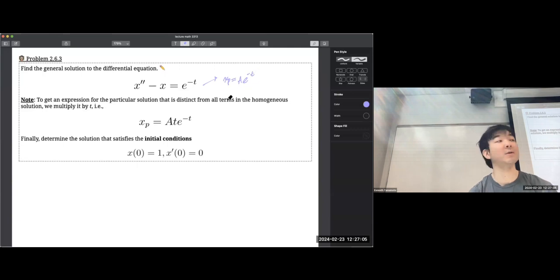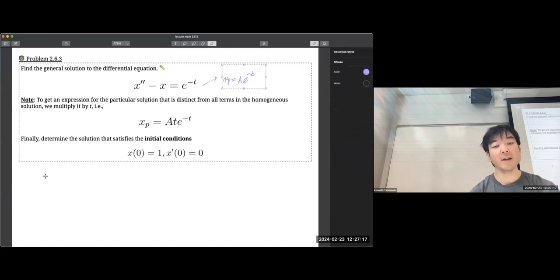This is what we are used to seeing, right? So this extra factor of t, let's not worry about that. Let's just say we were used to seeing this. But there's going to be a problem with this, and that's why I have this written here. Let's try this and see what happens. So you plug it in.